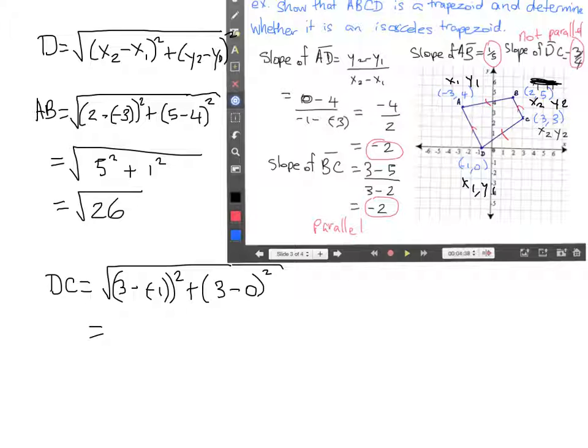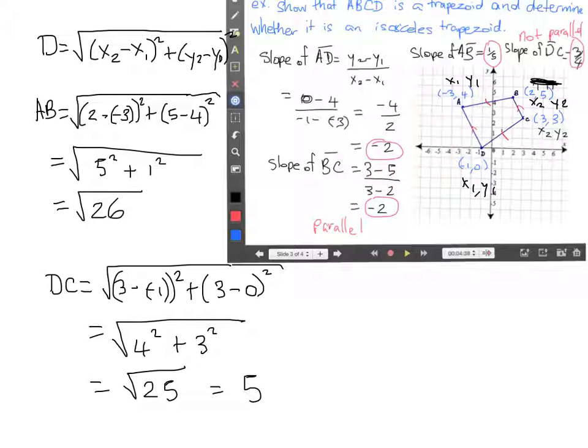And when we simplify that further, we get the square root of 4 squared plus 3 squared, which is the square root of 16 plus 9, the square root of 25, which we can actually simplify further as 5.